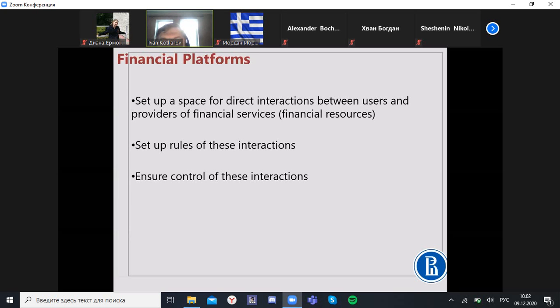So, what do platforms do? They set up, as I have already said, a space for direct interactions between users and providers of financial services or financial resources. In case of crowdfunding platforms, they establish a space so that potential backers and potential initiators of projects could interact. They set up rules of these interactions. So, for example, they indicate what information initiators of projects should give.